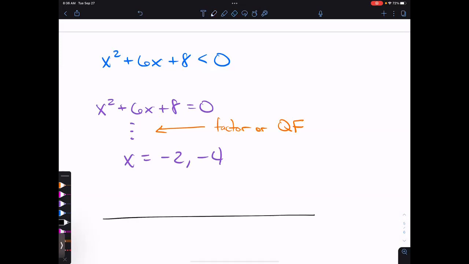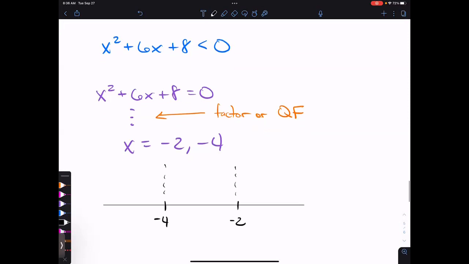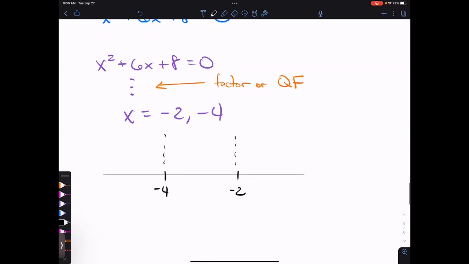So I'm going to draw out a number line again to help organize my thinking, right? Keep track of stuff. I'm going to mark -4 and -2. That's the x-axis. Except I didn't fit it all on the screen. There we go. And then what we're looking at is, again, a parabola that's opening up, right?